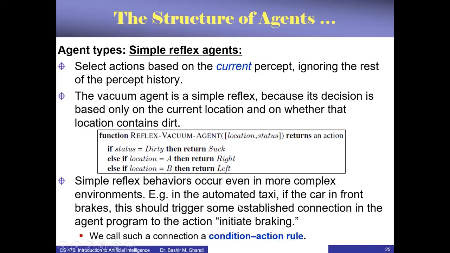Now, we call this kind of connection where we go directly from the current percept to an action a condition-action rule. Usually an agent will have a set of conditions which, if they occur, it should directly take a certain action. We call this a condition-action rule.